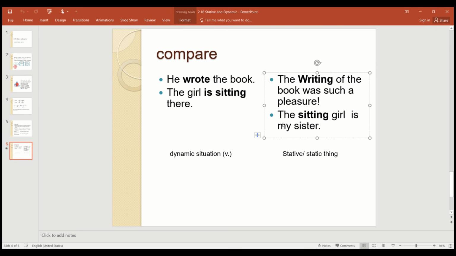The sitting is a description. Actually, it's an adjective, and it's describing a state of a girl. It's just providing a stative, static portrayal of a girl. So here we have a static description of a scene. The noun and the adjective are stative.